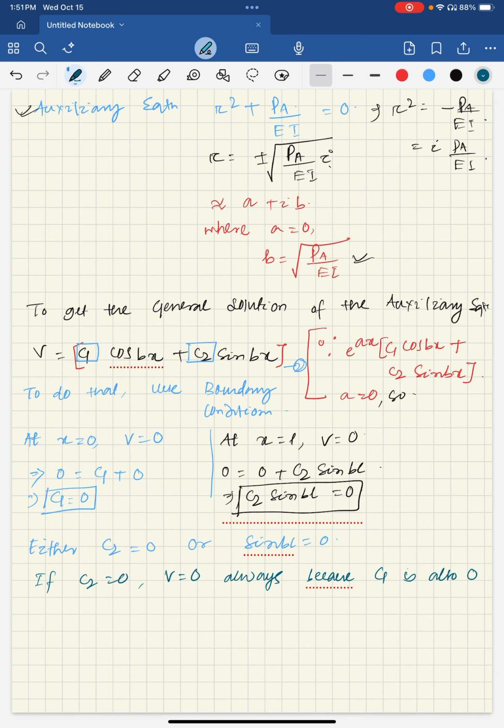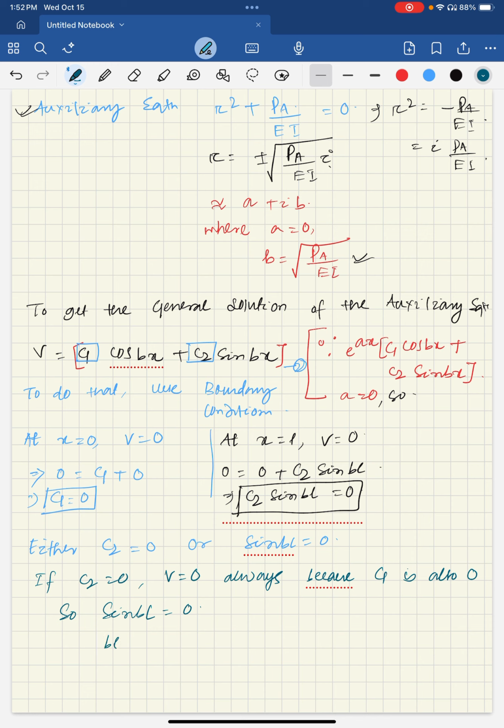If we assume that c2 is equal to 0 and you use the values of c1 and c2 in expression 2, you will see the deflection is always 0, which is not possible because we are here to derive the expression for the buckling. Now we have another choice left. So sin bL is equal to 0.